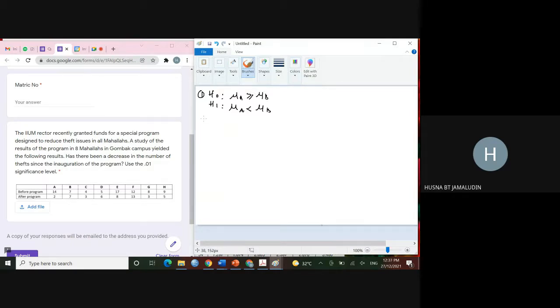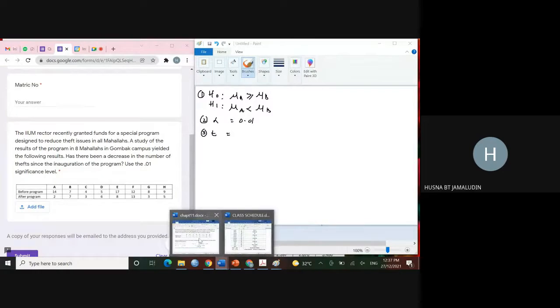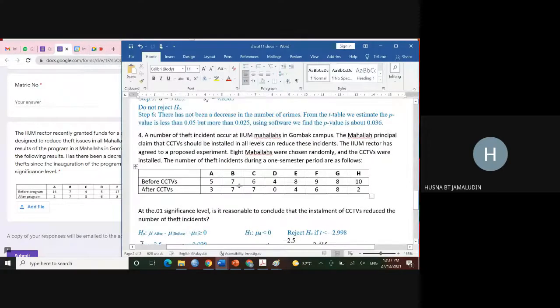And then you have your alpha, 0.01, and then you're going to have your T statistic because you are using the dependent samples.